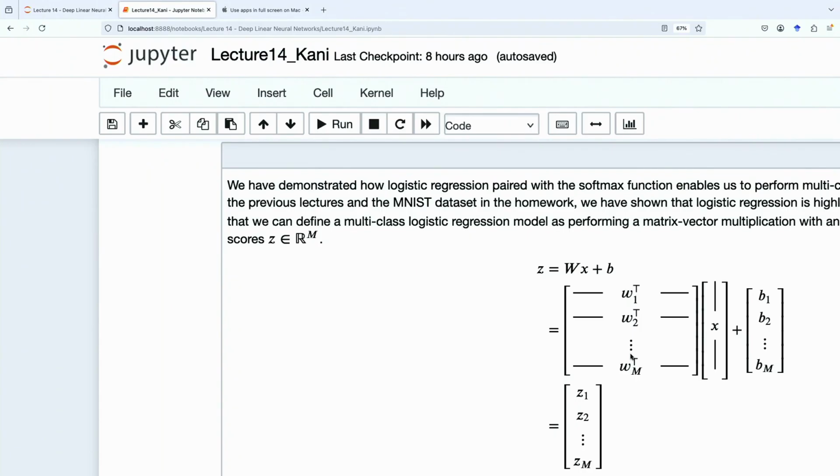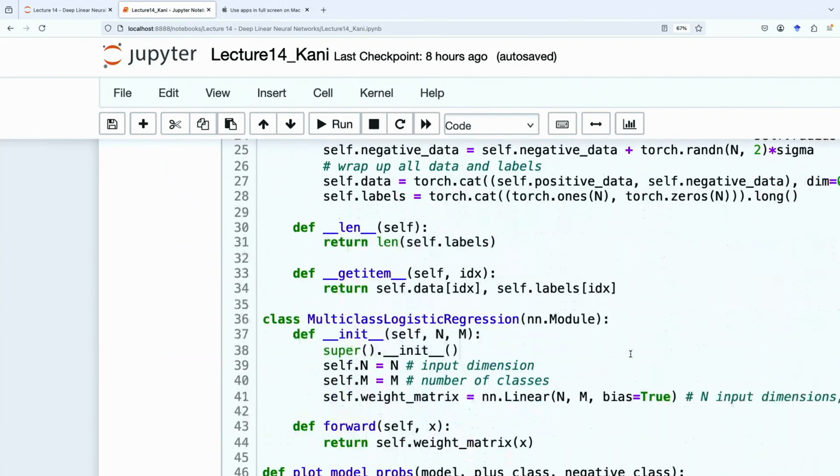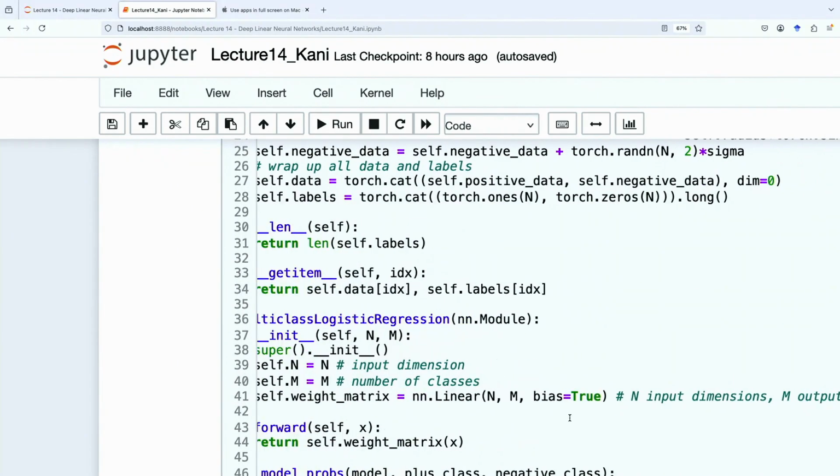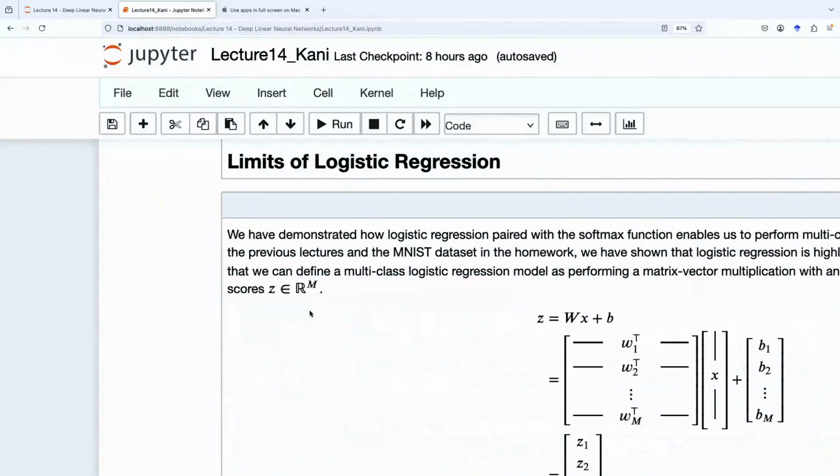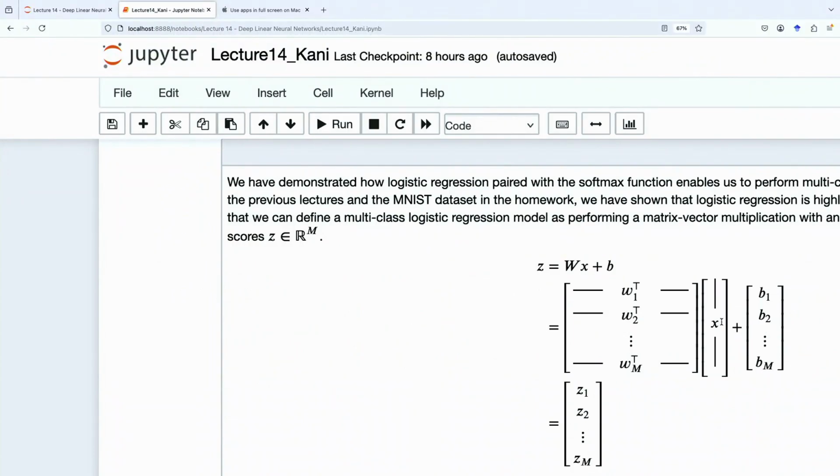And we have a particular bias because in our code we don't need to define the bias, we just set bias equal to true, and so PyTorch implements a bias there. Okay? So this whole model is these logits right here.